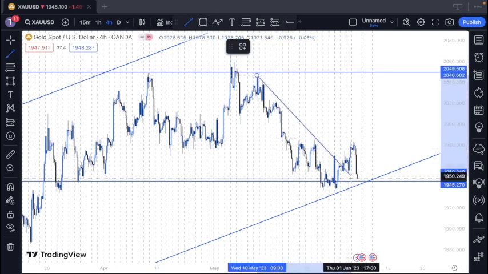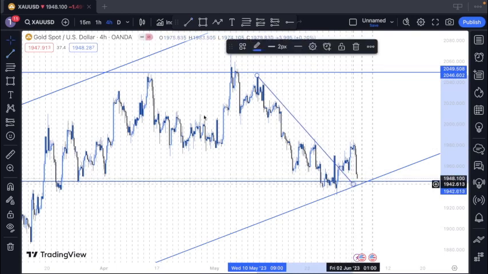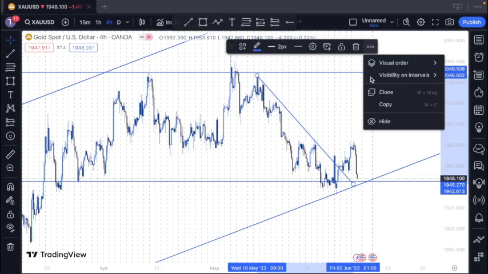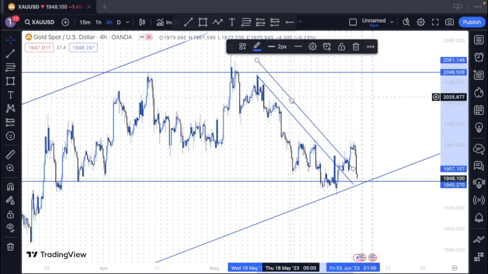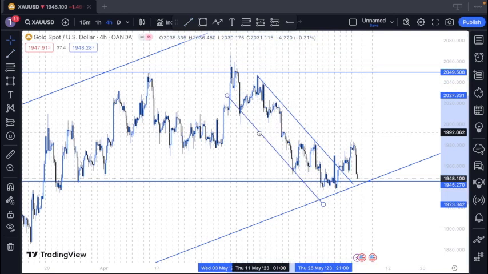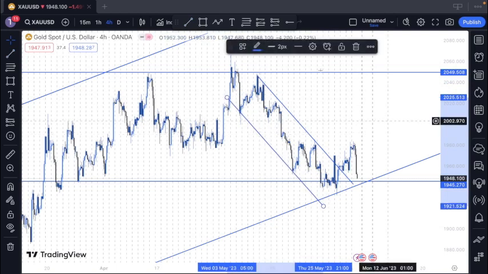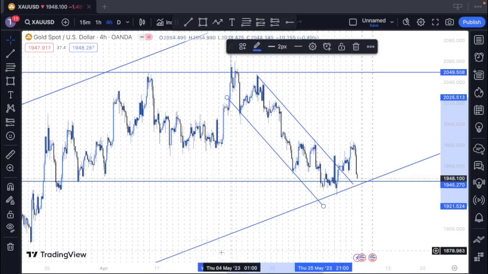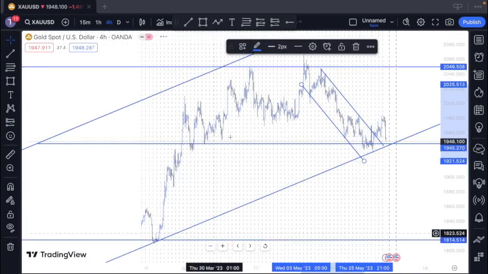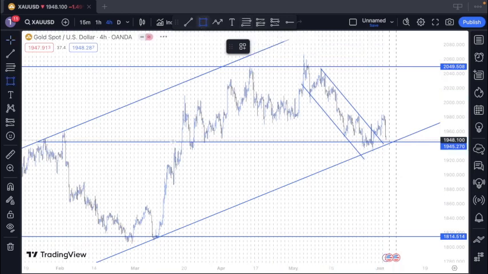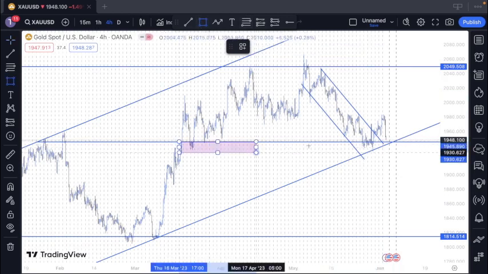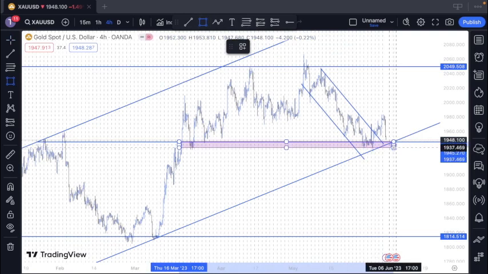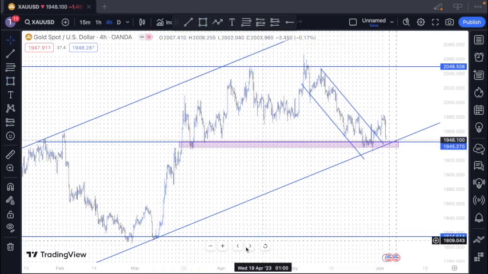Looking at our gold setup, we have a downtrend inside our uptrend. That's what we are having. So in this case, I'll zoom out a bit in order to put a zone right here to cater for most touches. Let me put it right here and then zoom in again.